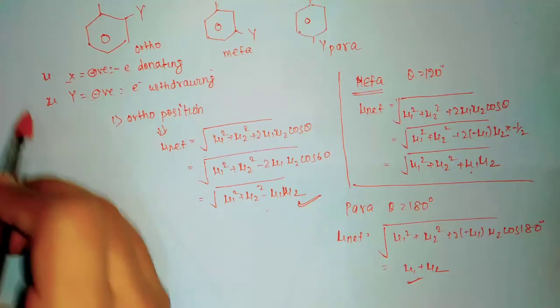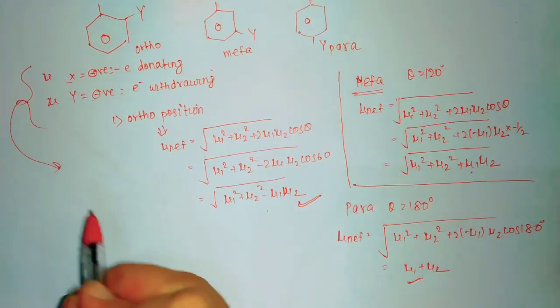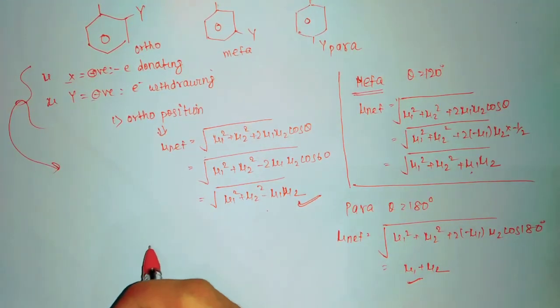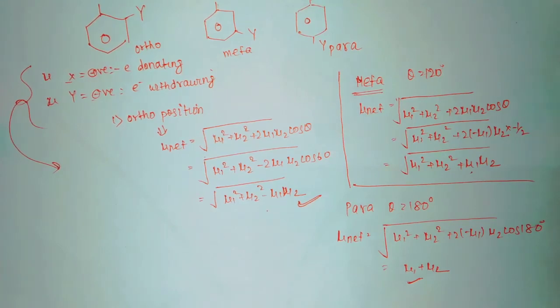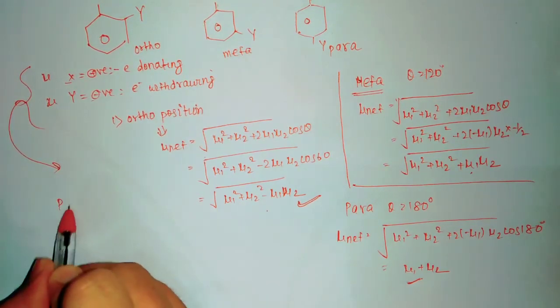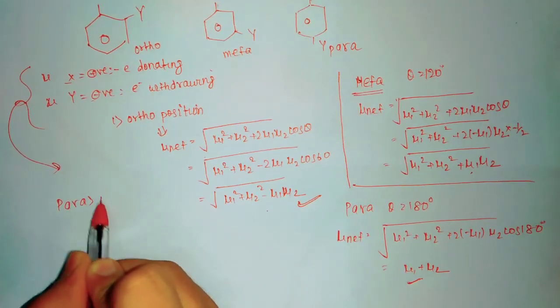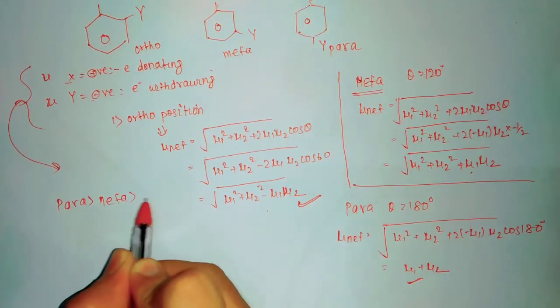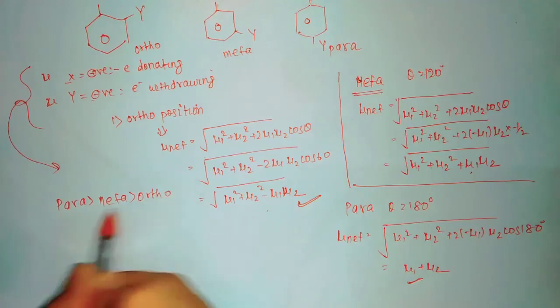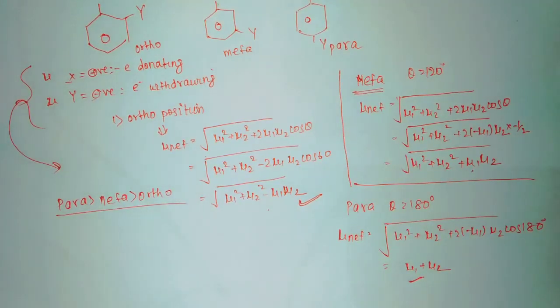In this case, where one group is electron donating and the other is electron withdrawing, the order of dipole moment is para greater than meta greater than ortho. I think it was quite clear to you.